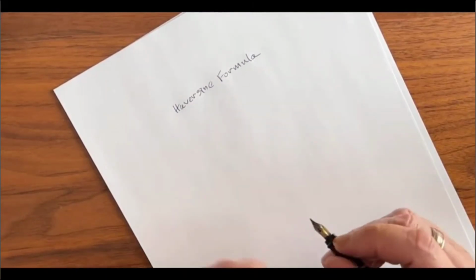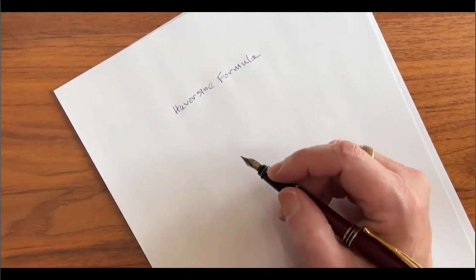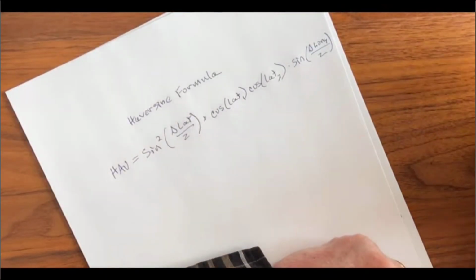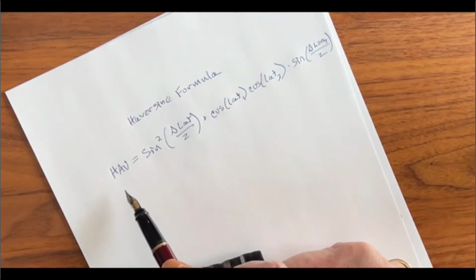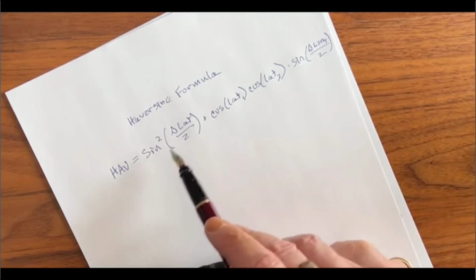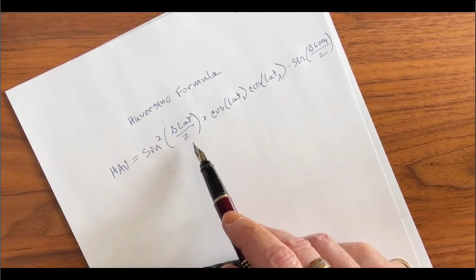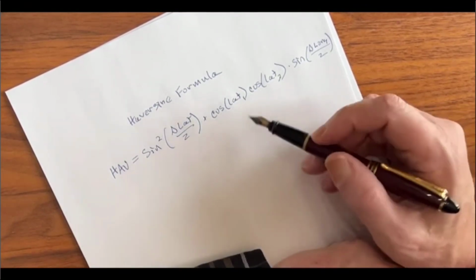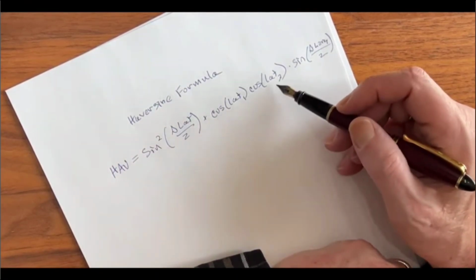Now, on a spherical Earth, we use something called the Haversine formula. Now, if you thought that the law of cosines was a mouthful, let's look at the Haversine formula. The Haversine of the distance between those 2 points is the sine squared times the change in latitude over 2, plus the cosine of lat 1 times the cosine of lat 2.